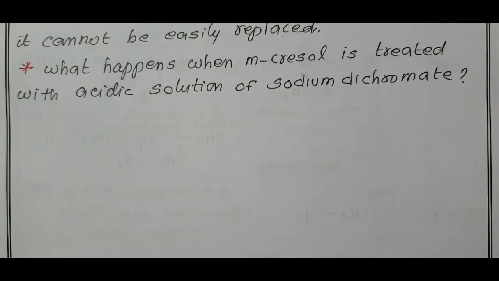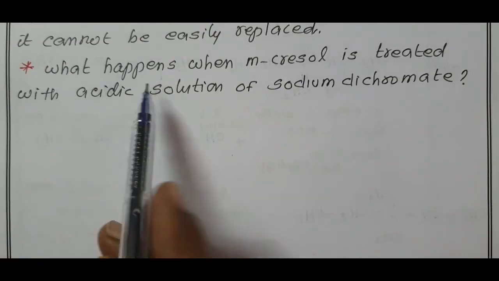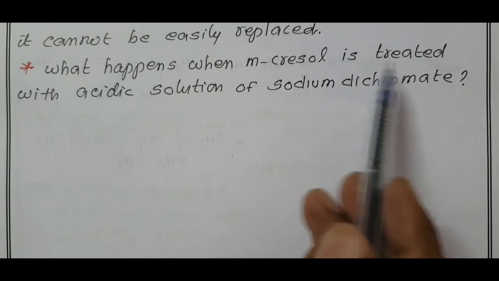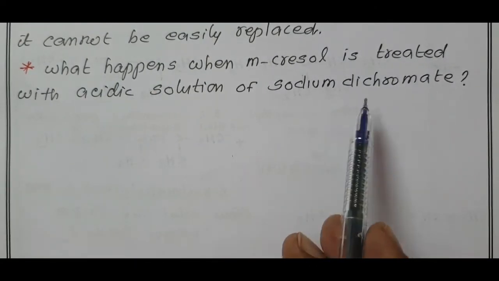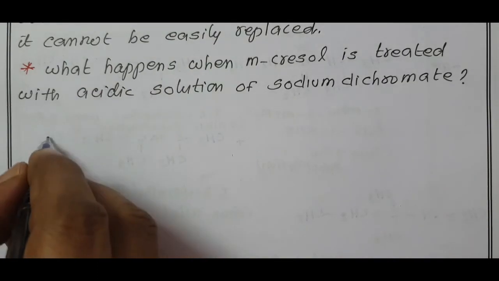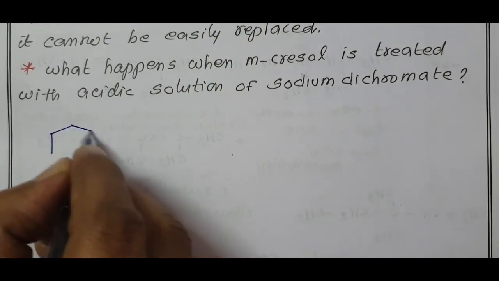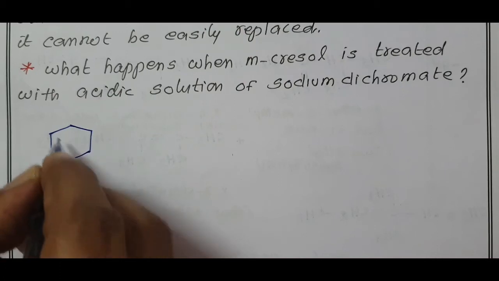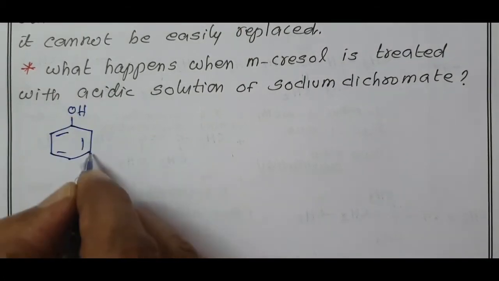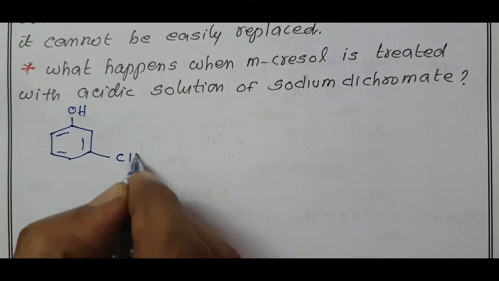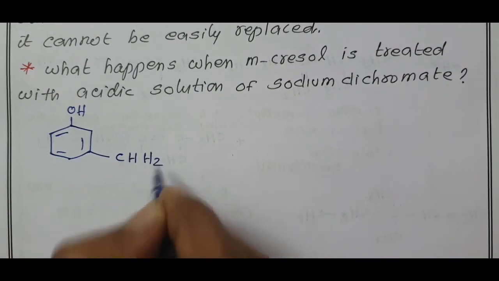Evaluate yourself. What happens when metacresol is treated with acidic solution of sodium dichromate? Cresol means hydroxytoluene is called cresol. OH, in the meta position we have CH3.